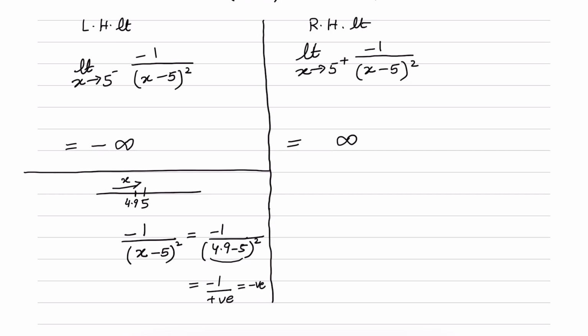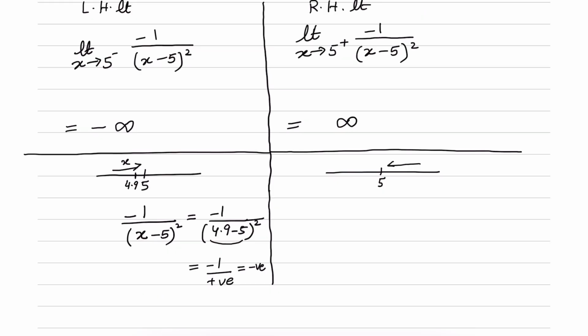Now to decide the sign of the right hand limit for infinity, we will mark 5 here because x is approaching 5 from the right of 5. We will pick some number here closer to 5 but on the right of 5. Let me pick 5.01.